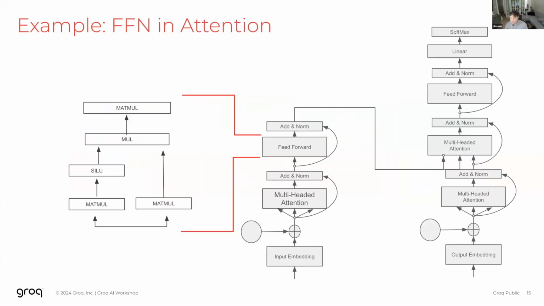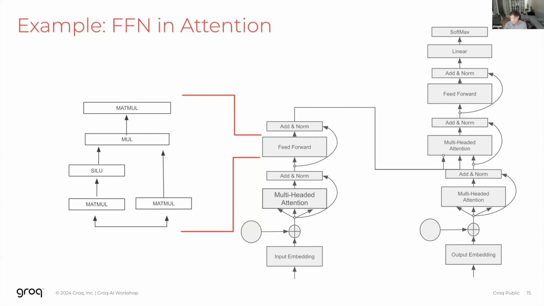So let's take a look at this in the context of LLMs, and more specifically, the transformer. Now I'm seeing I labeled this FFN in attention, but it should really be FFN in transformers. So most of the compute in a transformer block comes from the feed-forward network and the multi-headed attention layer.